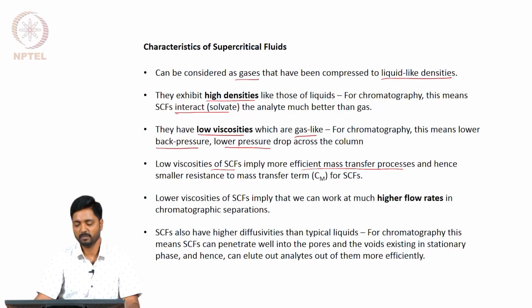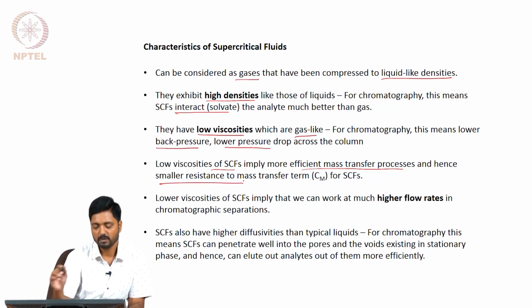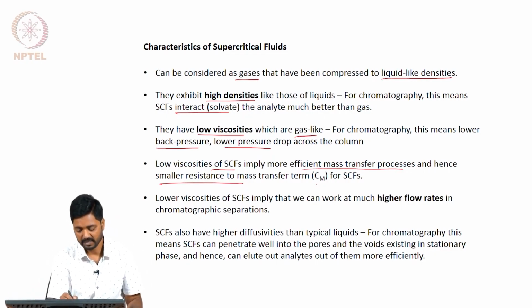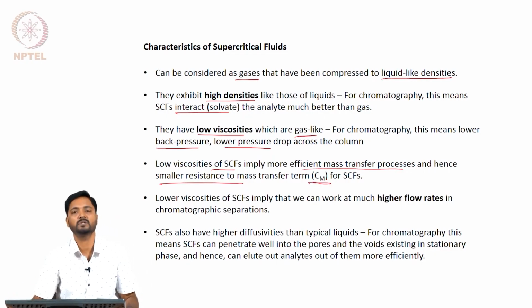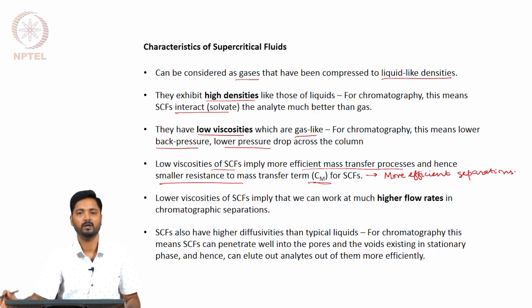Efficient mass transfer processes in supercritical fluids imply a smaller resistance to mass transfer term, and lower Cm values will result in more efficient separations compared to that of liquids.